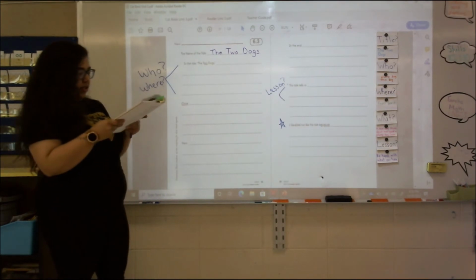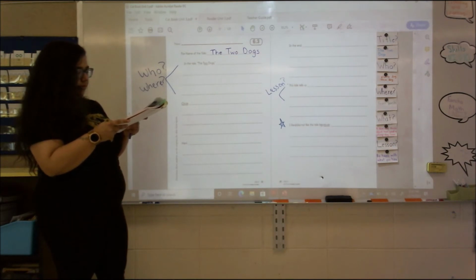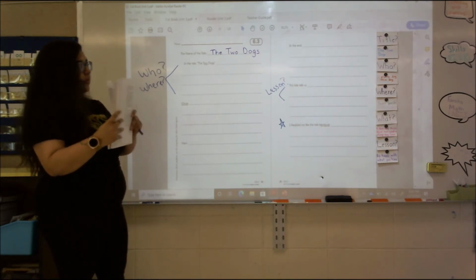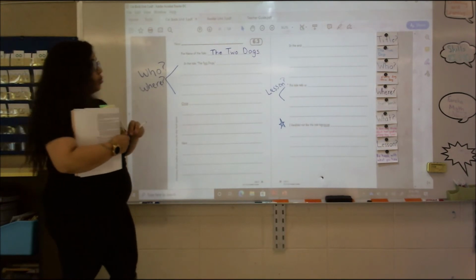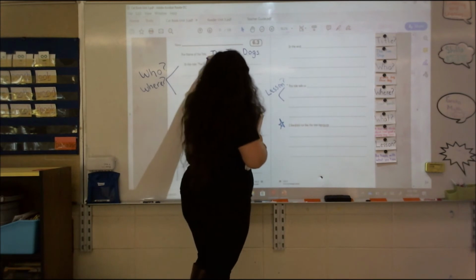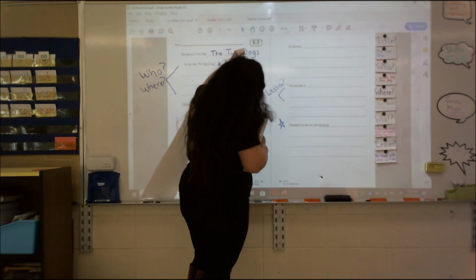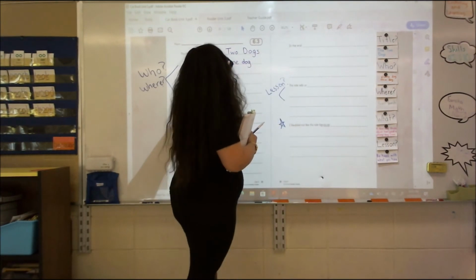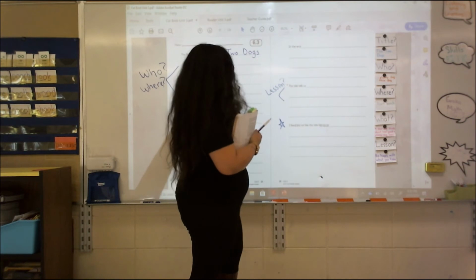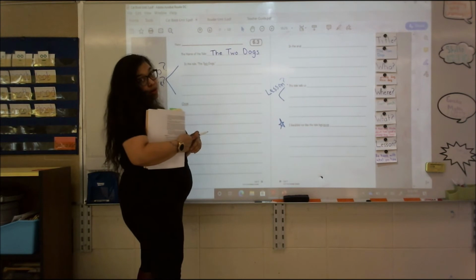So, in the tale, The Two Dogs, a tame dog and a free dog met at a home. Matter of fact, nope. We're going to call them Plump and Thin because the original story called them Plump and Thin. But we also know that the plump dog was tame and the thin dog was free. So either or. But I decided I want to put Plump and Thin.